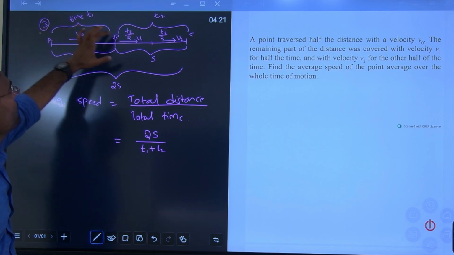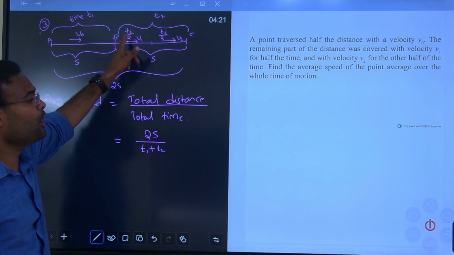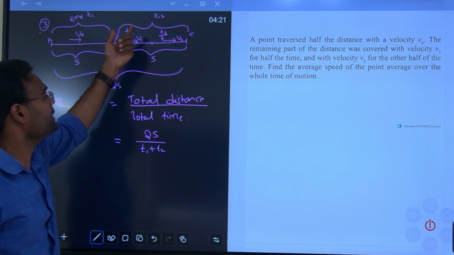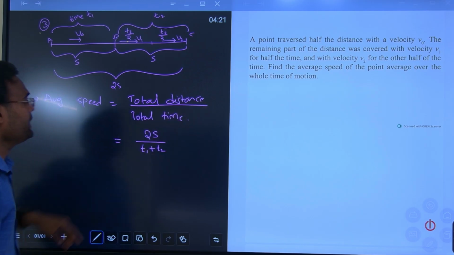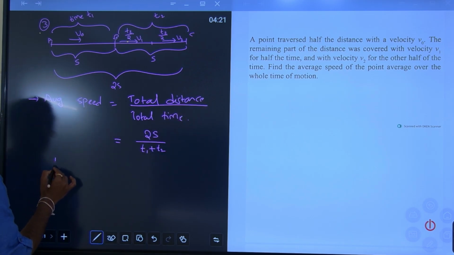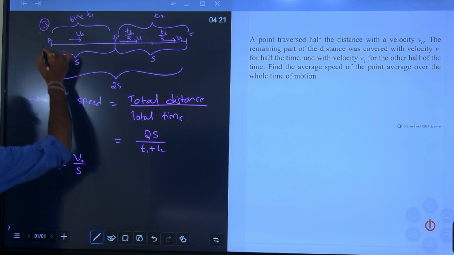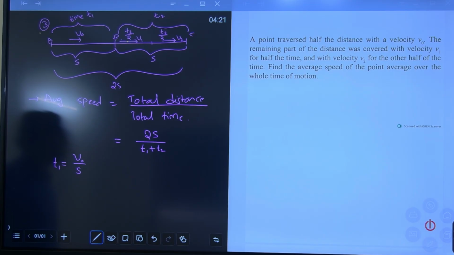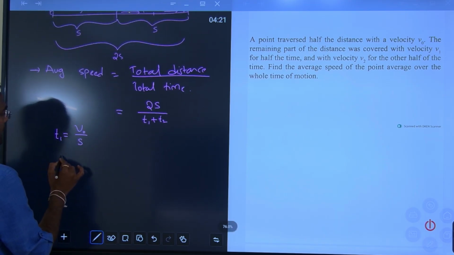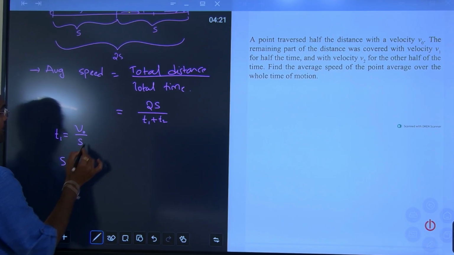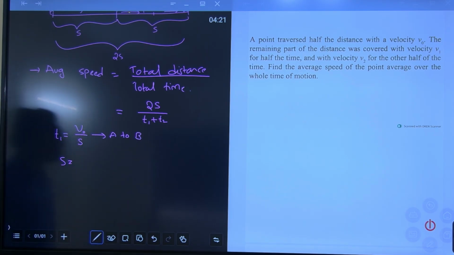T1 from here to here, T2 is from here to here. That T2 has been resolved into two components, T2 by 2, T2 by 2, with the velocities v1 and v2. Now, let us say T1 is equal to S by v naught, from A to B. Am I right?